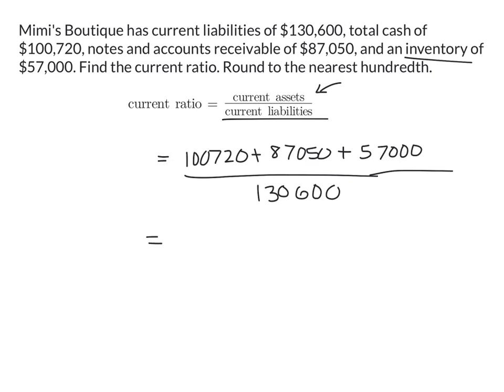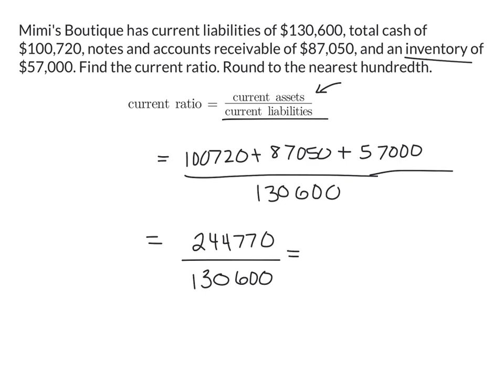Now we're going to compute this answer by first adding all the values in the numerator position. 100,720 plus 87,050 plus 57,000 gives us a value of $244,770. Next, we're going to take that value and divide by $130,600.